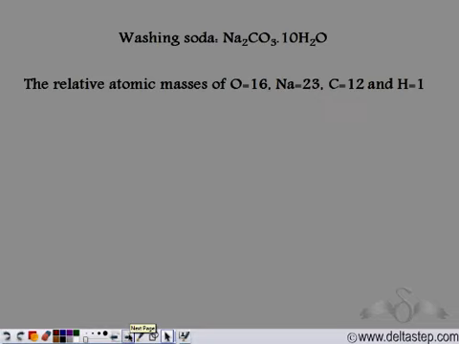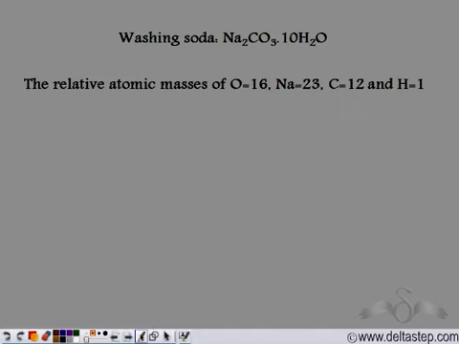We are given the formula of washing soda, which is Na2CO3.10H2O. This 10H2O is the water of crystallization which is present in the washing soda. So we are given that the relative atomic mass of oxygen is 16, sodium is 23, carbon is 12, and for hydrogen it's 1.